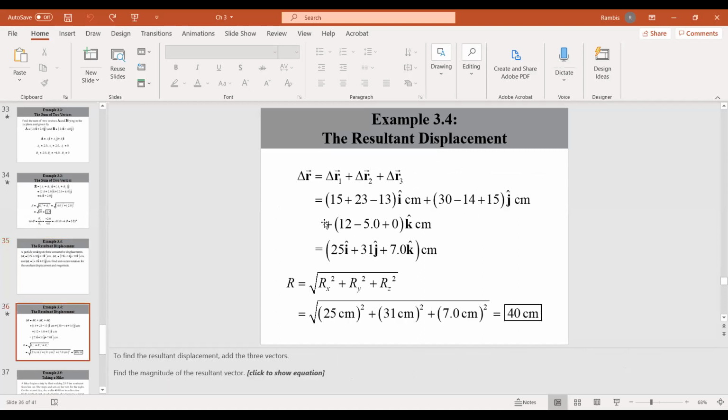So we add them up together. See, the way we add is i with i, j with j, and k with k. And when I said I want to find a resultant, I mean I want to find a length. So I'm using the Pythagorean theorem: the x component squared, and then the y component squared, and then the z component squared. So add that, 40. Good.